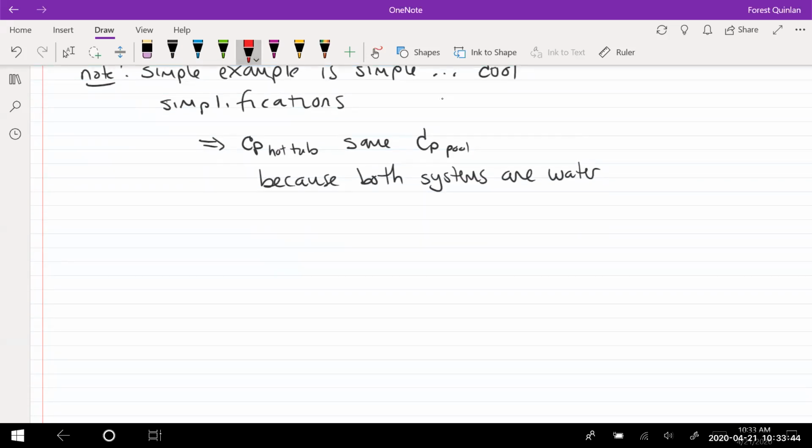So now what this means is we have the mass and the delta T of the hot tub equaling the mass and the delta T of the pool. Well, we can make another simplification.